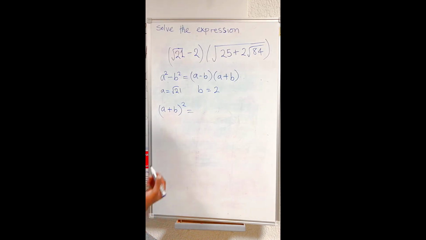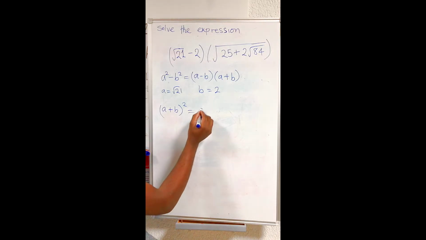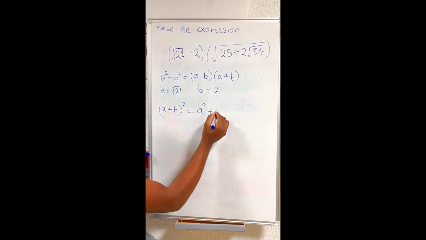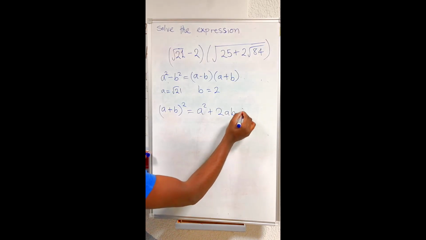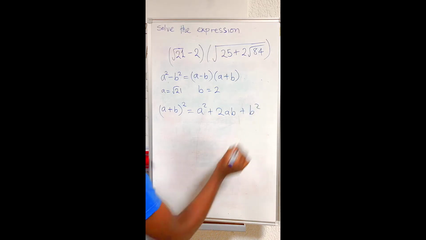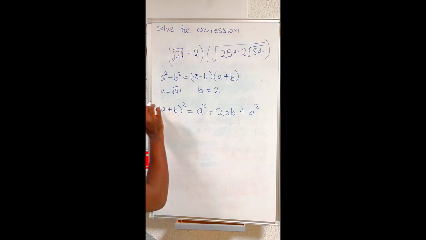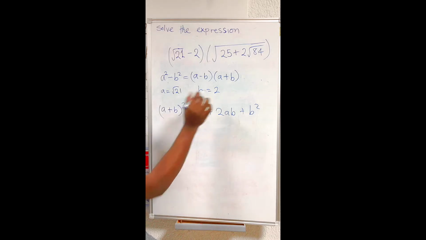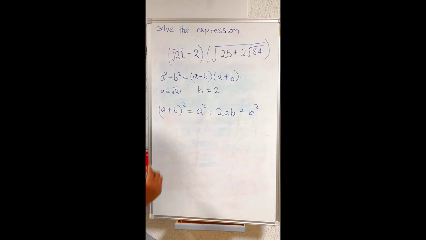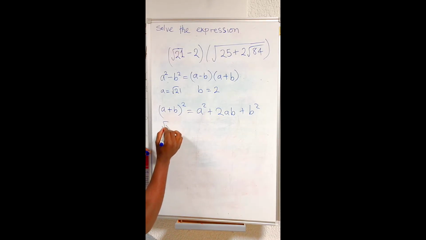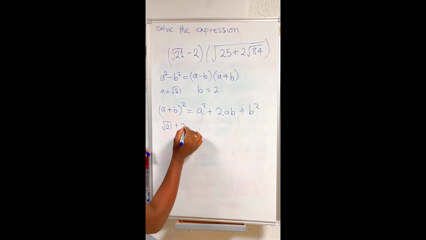According to the binomial expansion, what you have is a squared plus 2ab plus b squared. Okay, so if we put our a as this and our b as that, we expand it. This will be root of 21 plus 2.